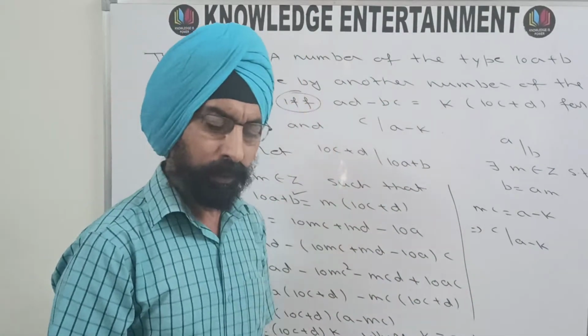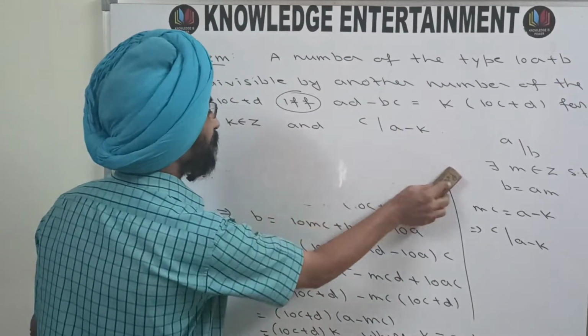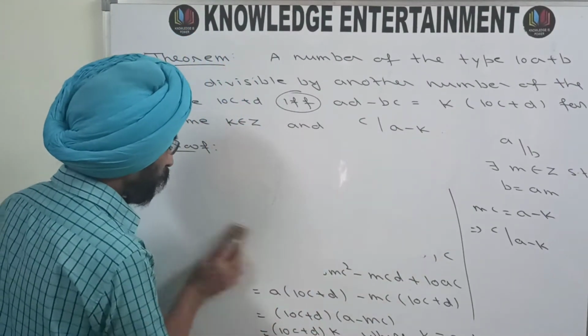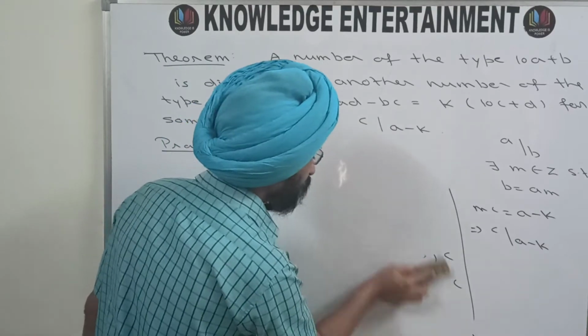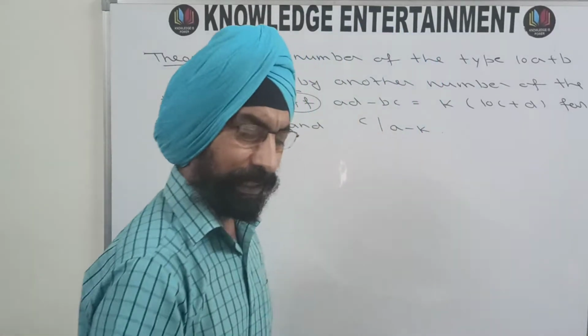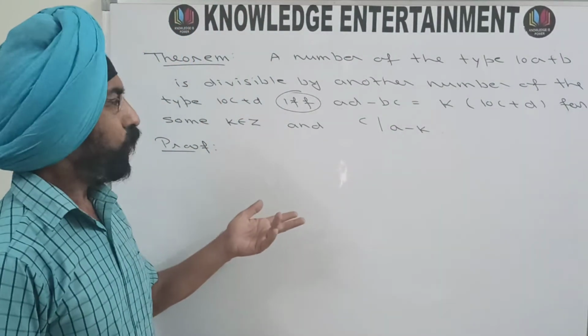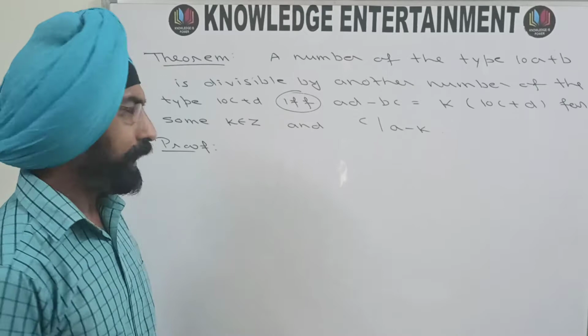So this is the proof of the one side, and now I'll move on to the proof of the converse part of this theorem. Conversely, we suppose that ad minus bc can be expressed in the form k times (10c plus d), where c divides a minus k.